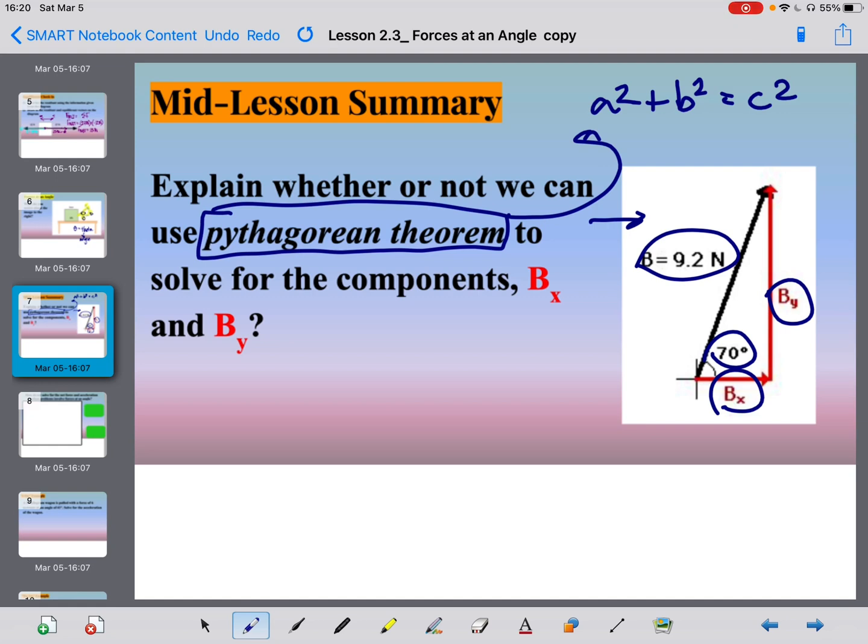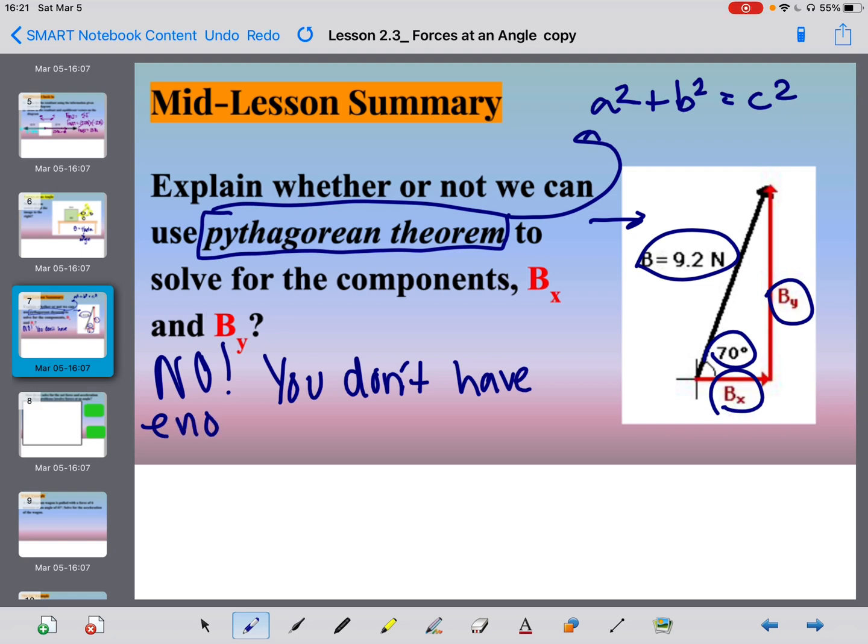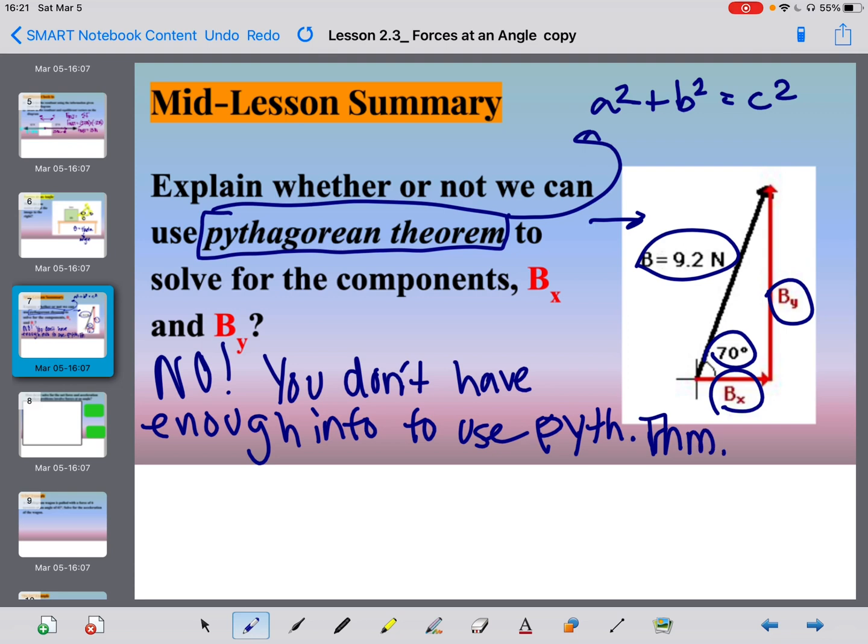So the answer is no. You do not have enough information to use the Pythagorean theorem. However, you can do something else. If you recall on our reference table, we have these special formulas that have theta in them, in the back on page 6.